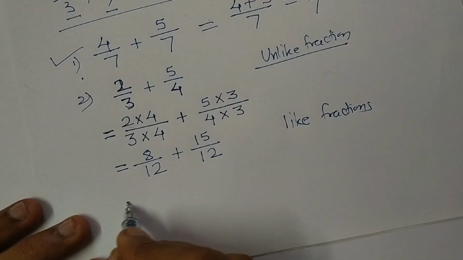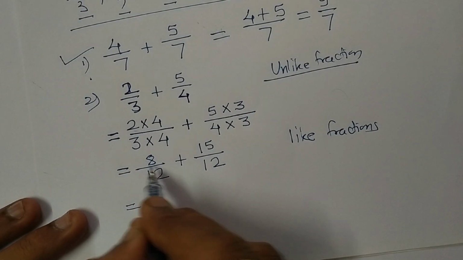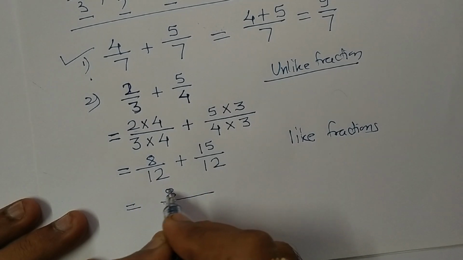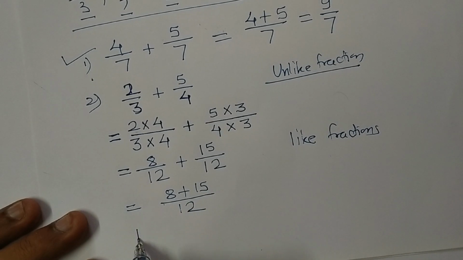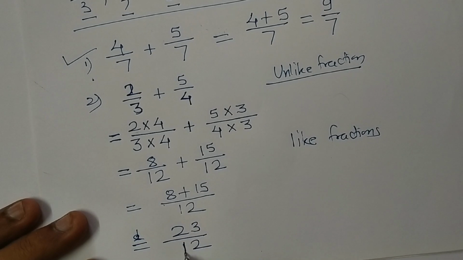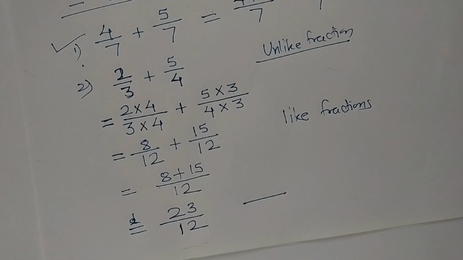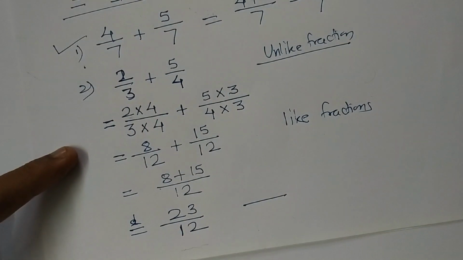Now it is easy to add like fractions. You only have to add 8 plus 15 upon 12, and the answer will be 23 upon 12. This is one example of addition of unlike fractions.